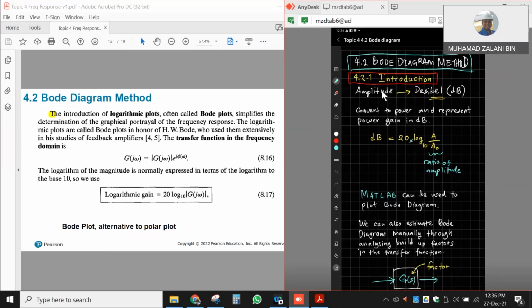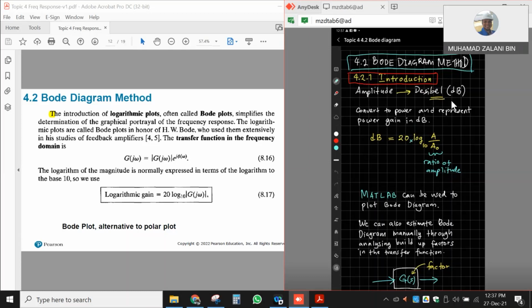For the amplitude, we can represent it in the form of decibel, unit dB, where we convert to power and represent the power gain in decibel. We are not going to represent it in the form of amplitude, but in the form of decibel.